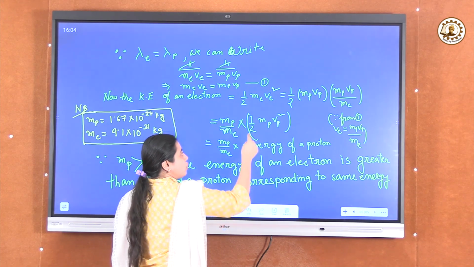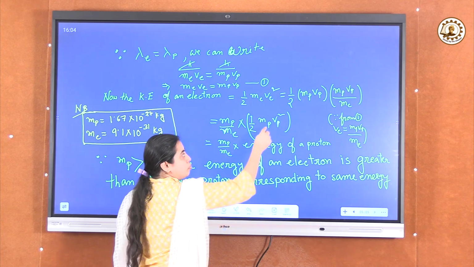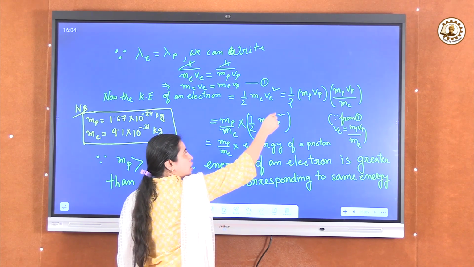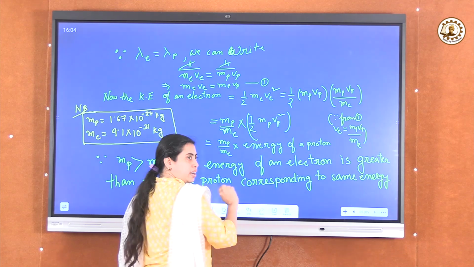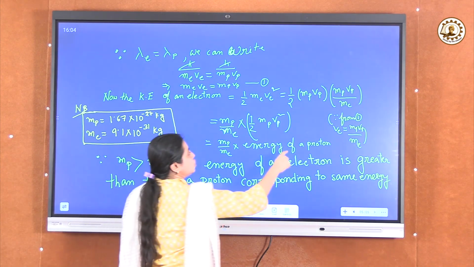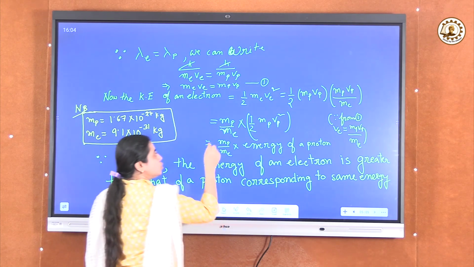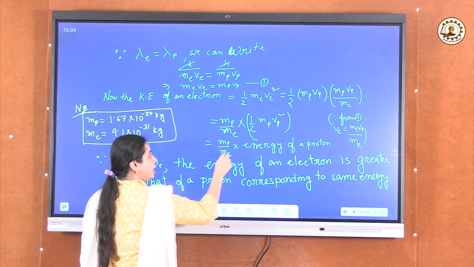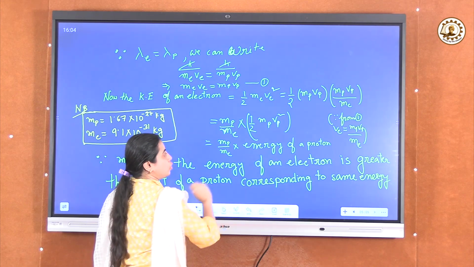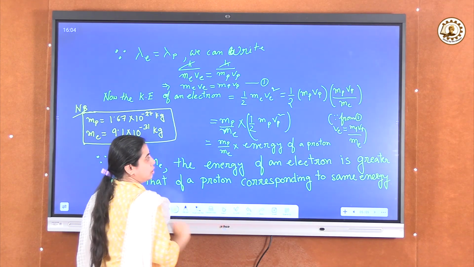In this term, half of Mp into Vp squared, mass of the proton into velocity of the proton squared, is the kinetic energy of a proton. So Mp by Me into energy of a proton, I can write after solving this equation.